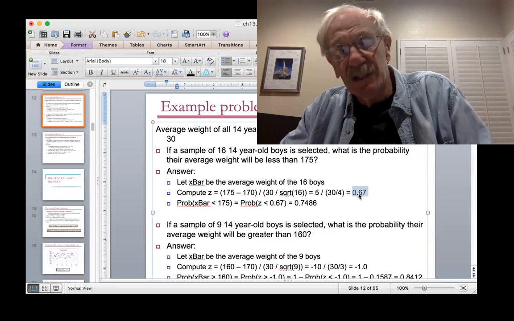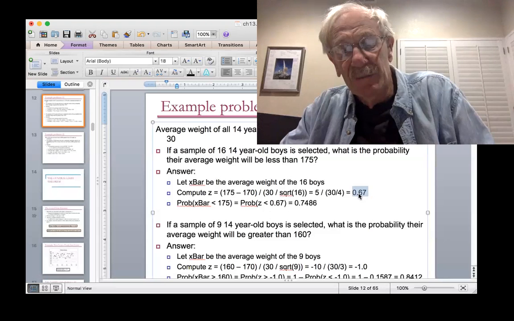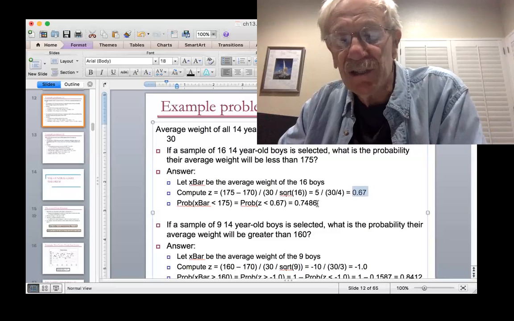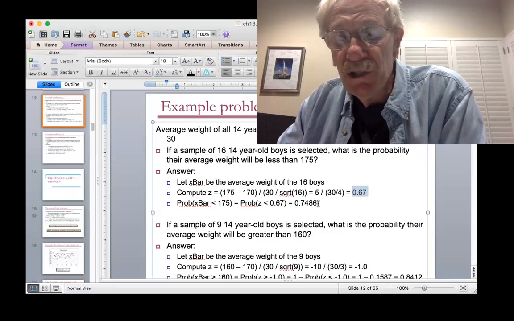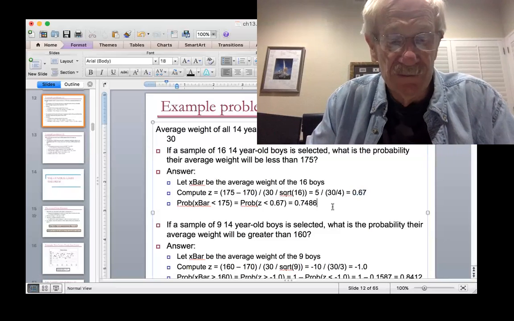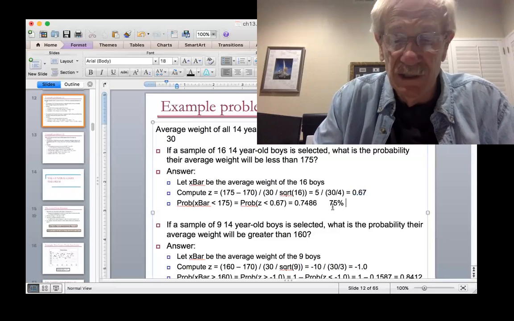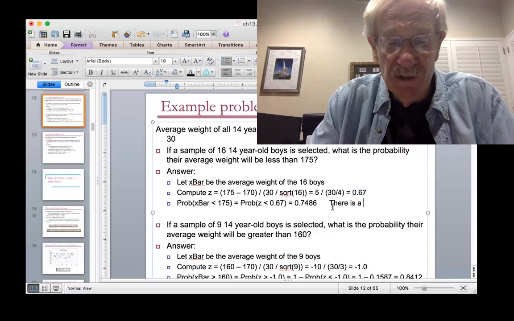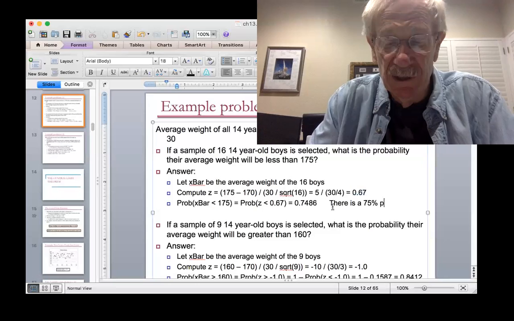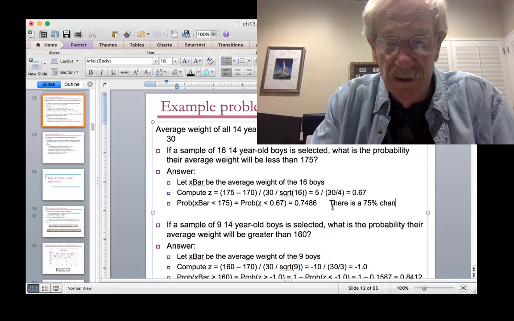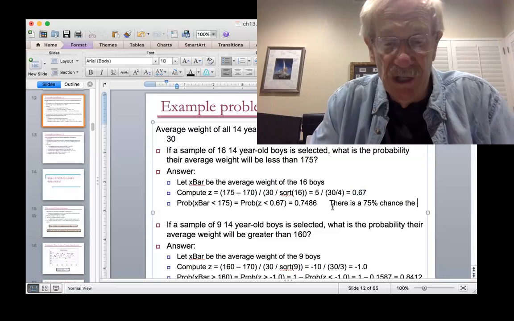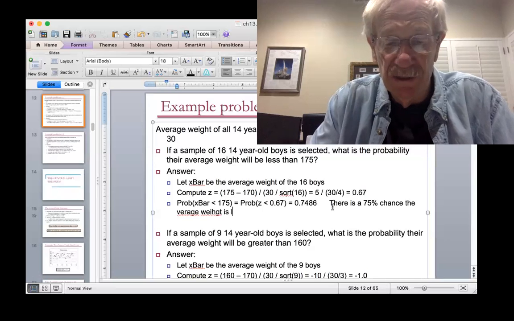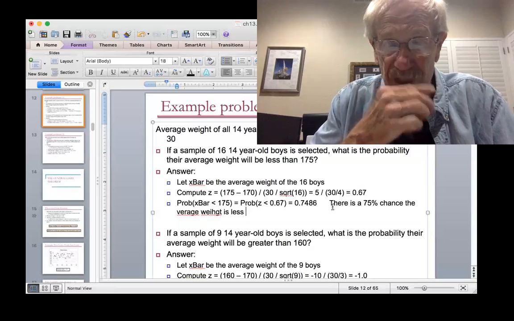So if you look up 0.67 in the table, you will get 0.7486. And the conclusion then is that there's a 75% probability that the average weight is less than 175.